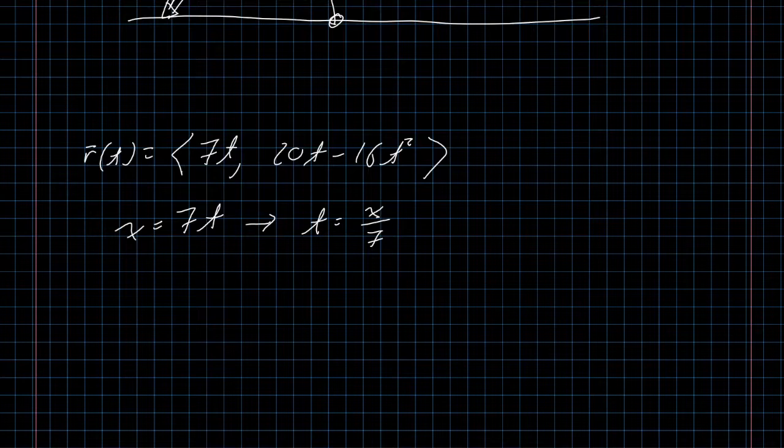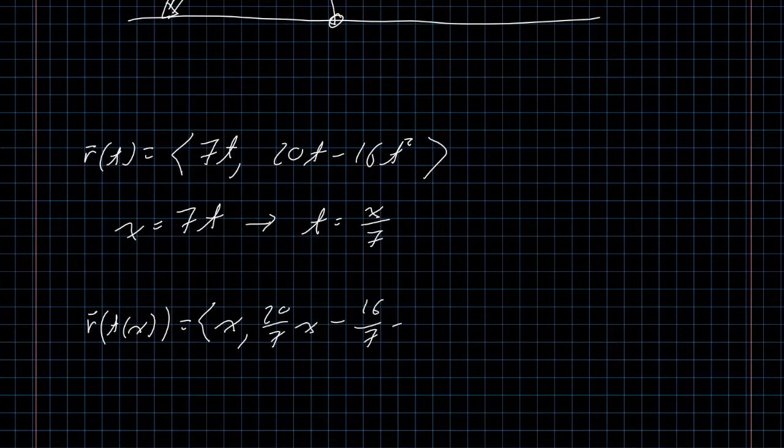And I can get r of t of x by replacing t with x in this. So I have 7 times x over 7, which is just x. I have 20 times x over 7, which is 20 over 7 times x, and then minus 16 over 7. I'm sorry, 16 over 7 squared, which would be 16 over 49 x squared.